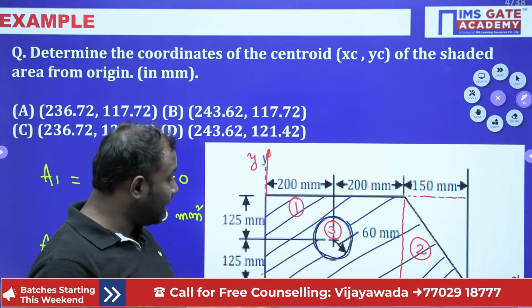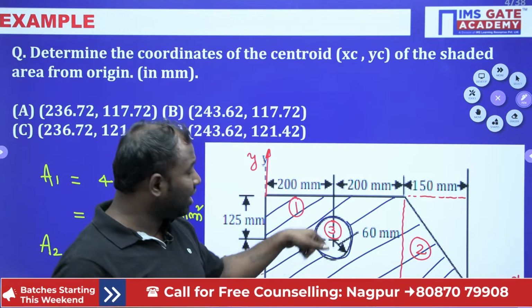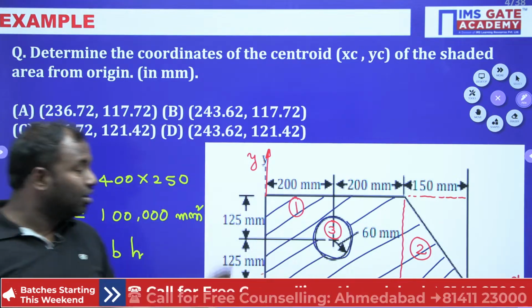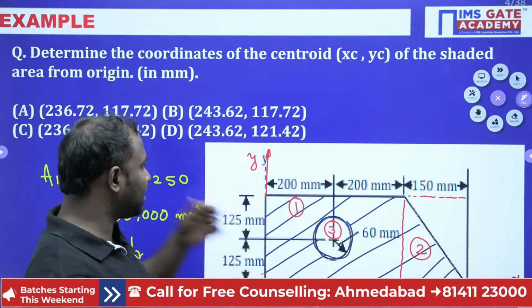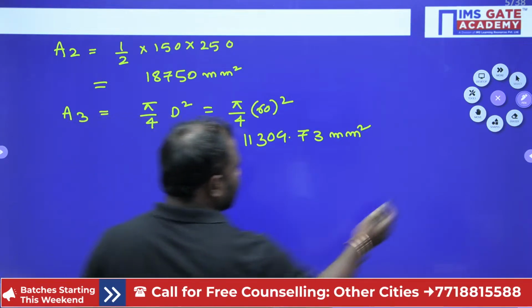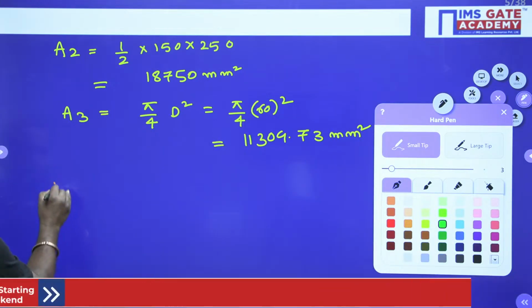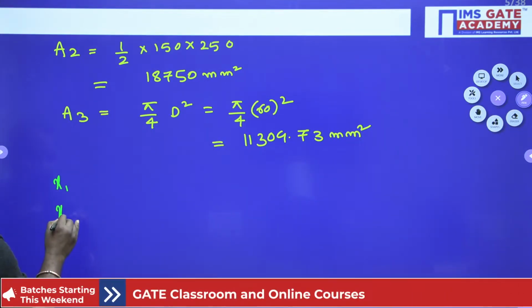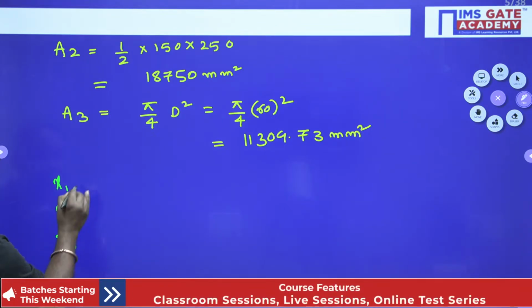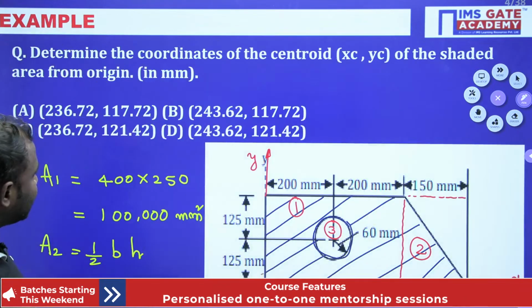Now similarly, what is the centroid of the rectangle and the circle from the y-axis? So these are x1, x2, x3. First we will see what x1 is.